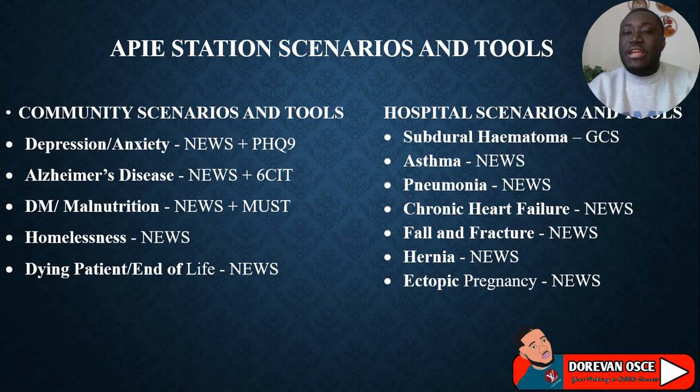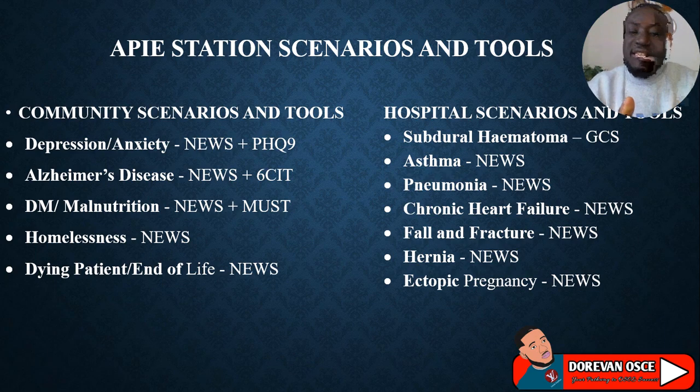For the API station, when you get a community scenario, you can get a condition like a patient suffering from depression or anxiety. And then as part of the assessment, you are to complete a NEWS chart, that's the National Early Warning Score, and then a PHQ-9, known as the Patient Health Questionnaire chart.